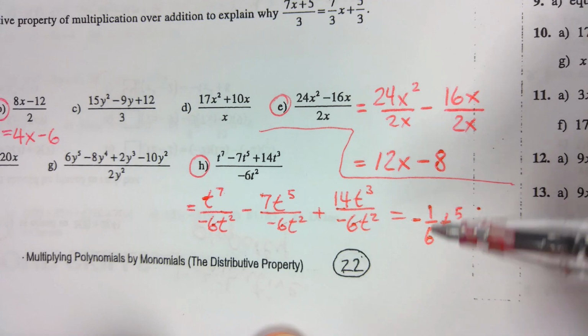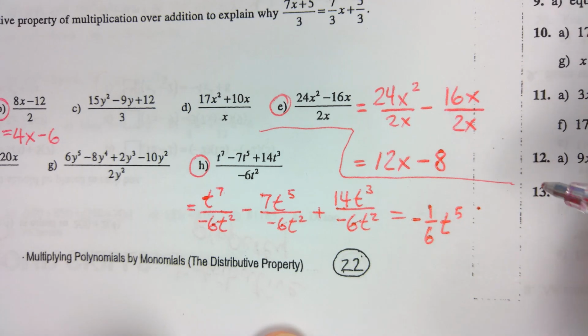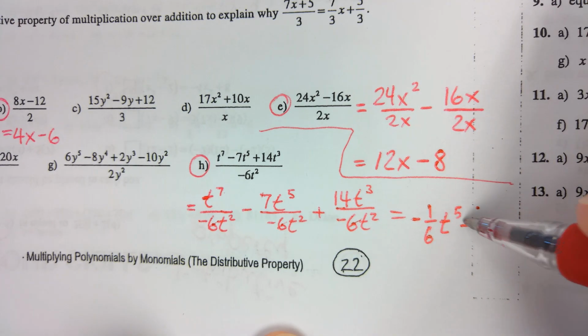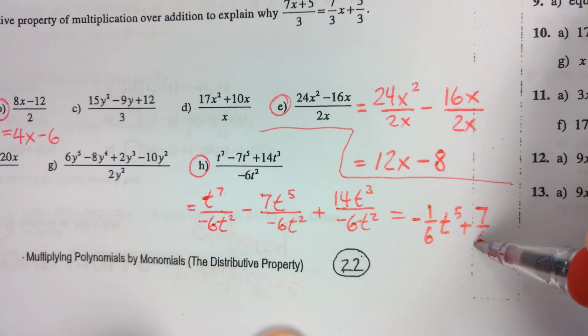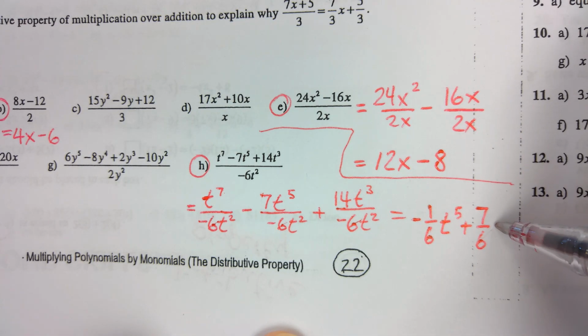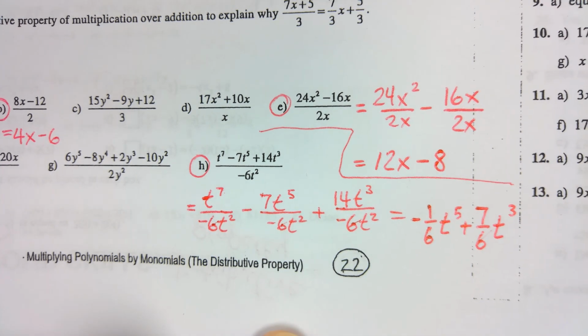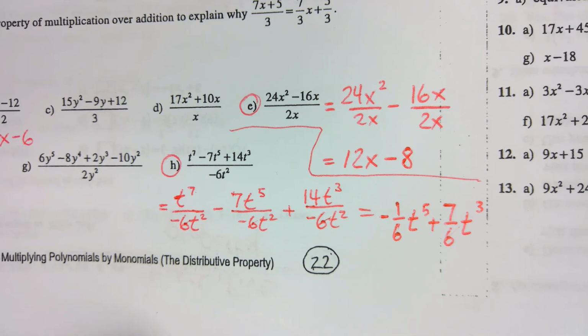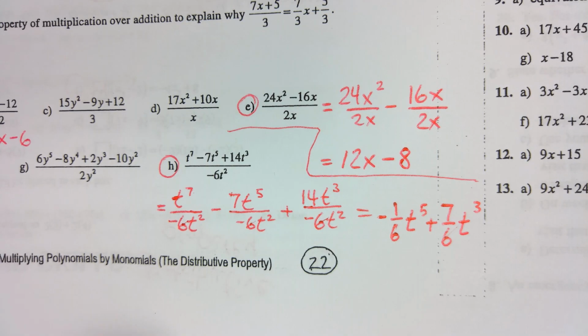Yeah, Brian. Plus 7/6. Let's go. And then 7/6 t to the power 3, right? All right, and then the last one, Angelina.